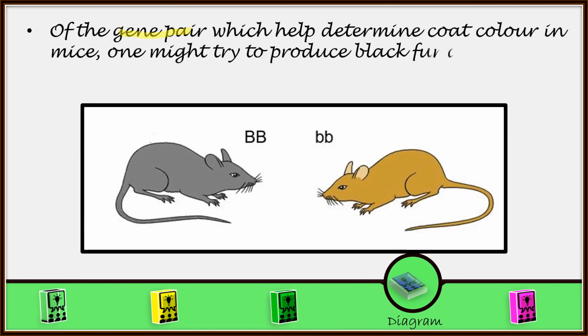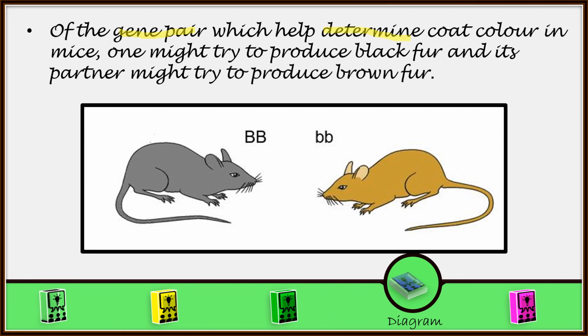For the gene pair which helps determine the coat color in the mice, one might produce black fur, and its partner might try to produce brown fur. So when we are looking at the gene pair, for example, here we have a gene pair, which is capital B, meaning that this gene is on one chromosome and this other gene is on one chromosome.